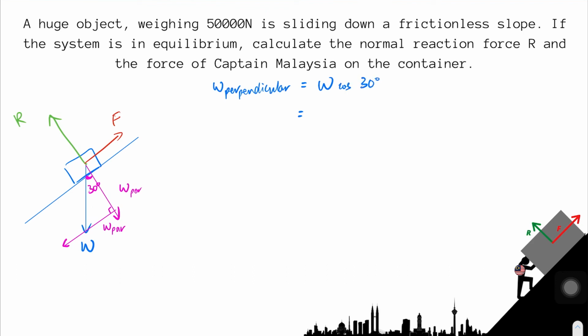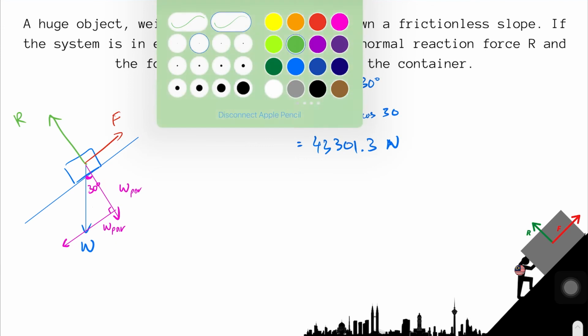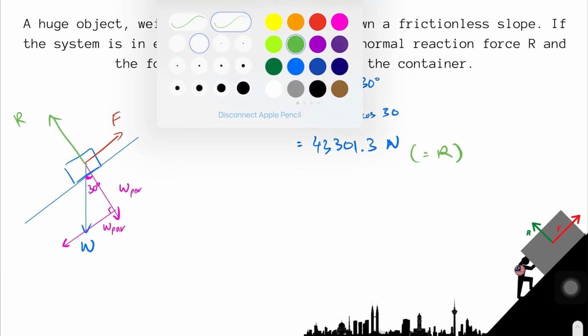That is equal to 50,000 cos 30, which will get me 43,301.3 newtons. Since the perpendicular component and the normal reaction force are the same, this is equal to R, the normal reaction force.